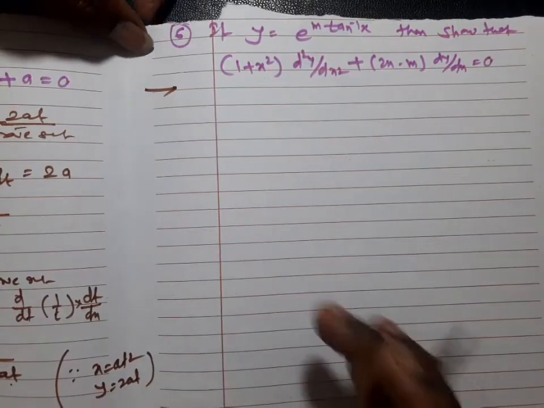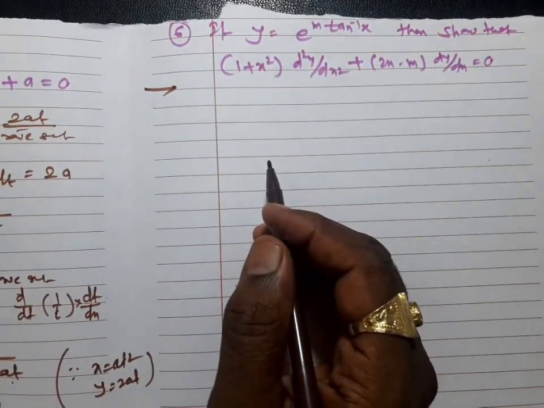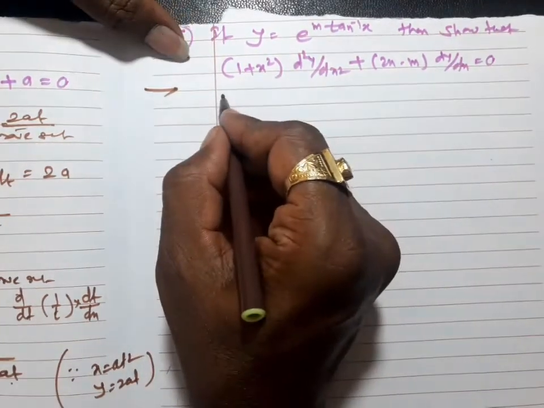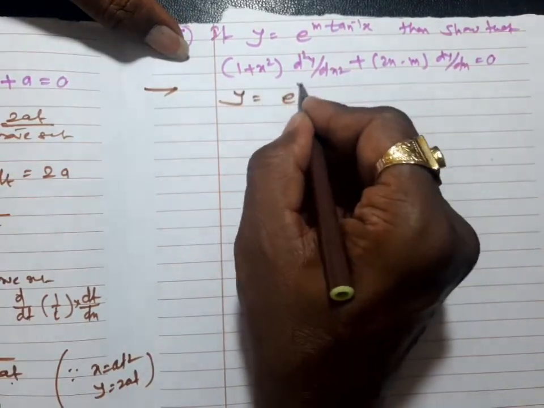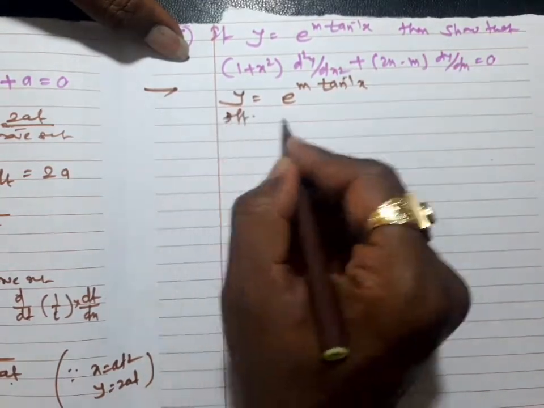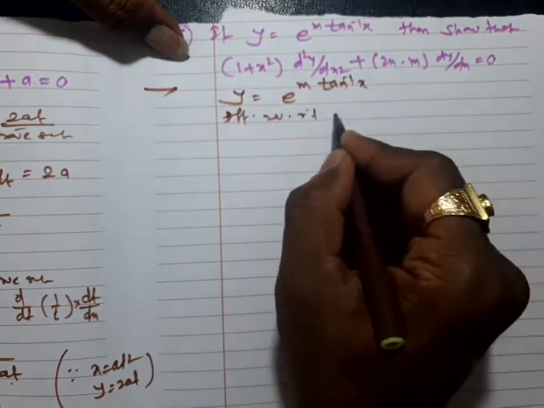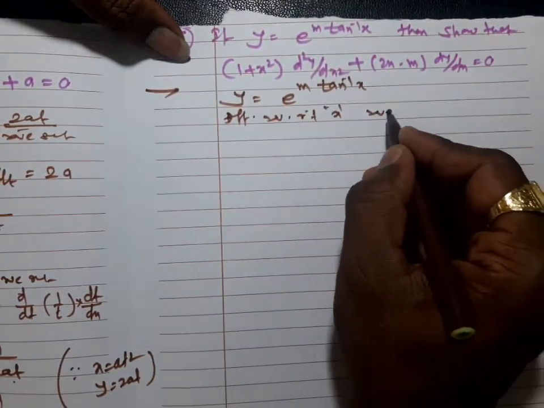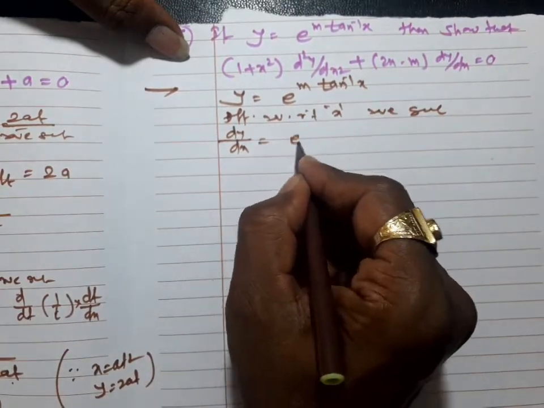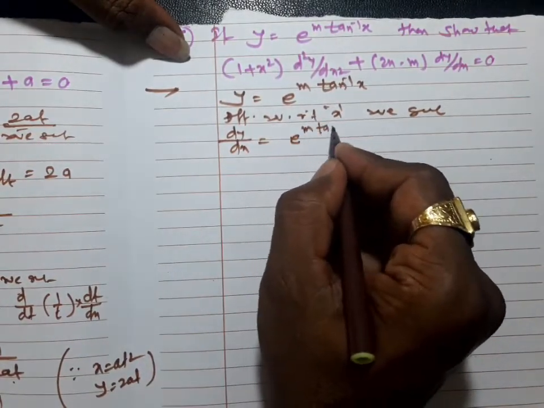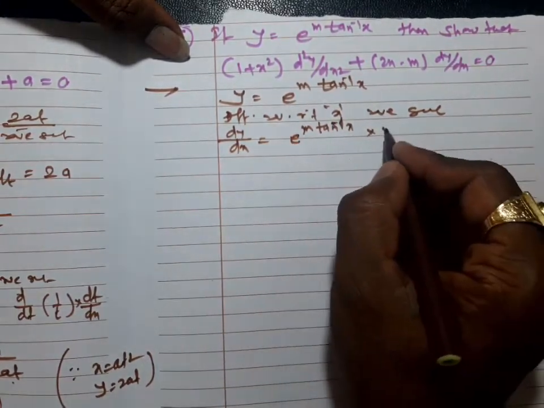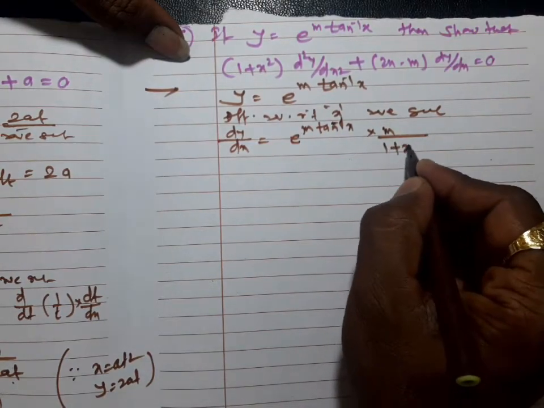Now example number 6: y is equal to e raised to m tan inverse x, then show that 1 plus x square d2y by dx square plus 2x minus m dy by dx is equal to 0. Now what is given? y is equal to e raised to m tan inverse x. Differentiate with respect to x, we get dy by dx is e raised to m tan inverse x into, by the chain rule, derivative of m tan inverse x, that is m into 1 upon 1 plus x square.